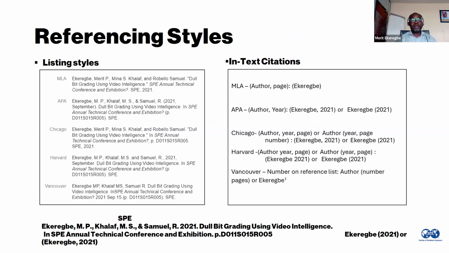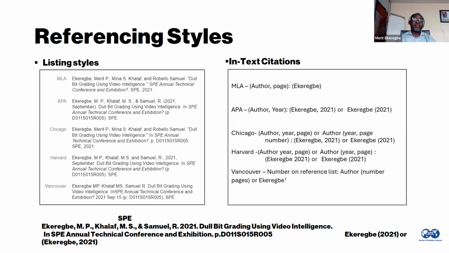We have different referencing styles. The purpose of this slide is for us to know that while we are citing and choosing different referencing styles, we must avoid reference clashes. What it means is that your listing style must align with your in-text citation.